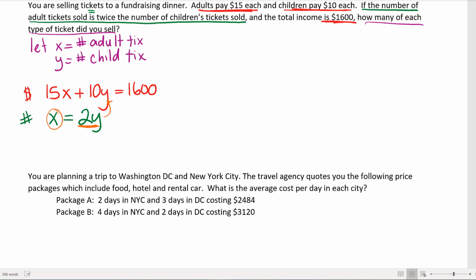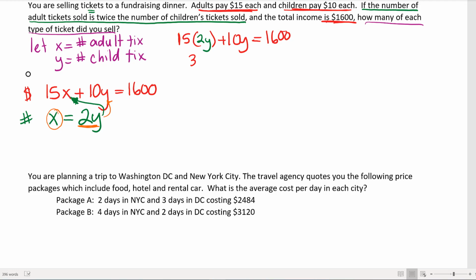So I'm going to start by writing out the red equation. 15x, but instead of x, I'm going to put a parentheses, plus 10 times y equals 1,600. But I'm going to take what x is equal to, and I'm plugging that in for x, right? So I'm going to take x out and replace it with 2y. Now I only have one equation with one letter y.